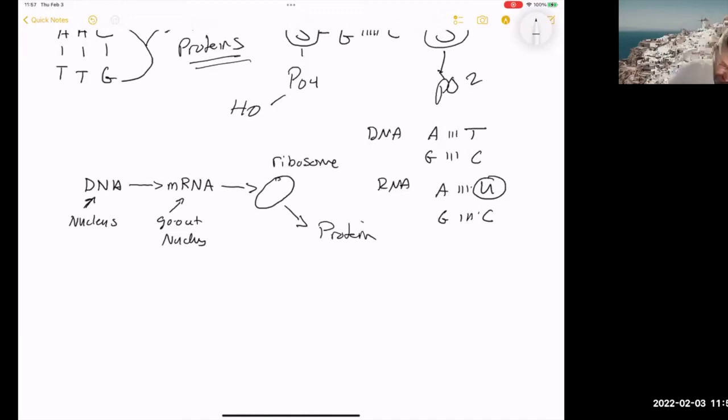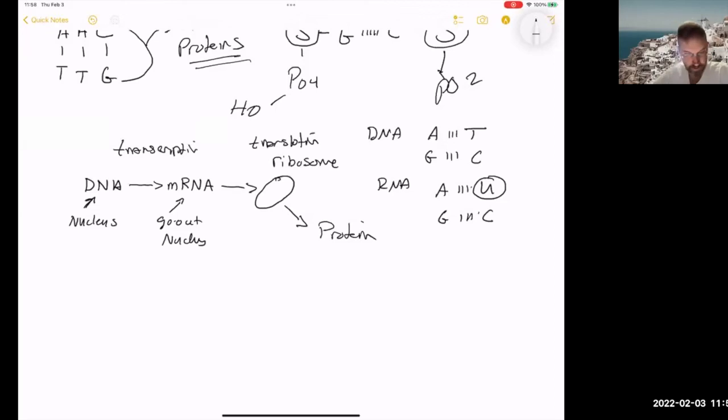So the copying of DNA getting copied into RNA is what we call transcription. And then the RNA getting turned into a protein is what we call translation. Right? So the RNA is translated into a protein. All right. Does that make sense? Everybody okay there? Does that make sense?